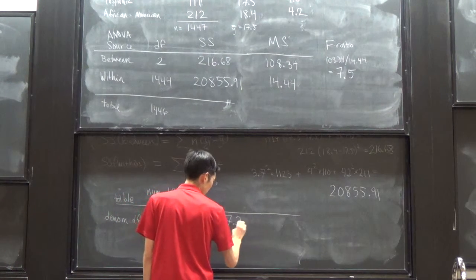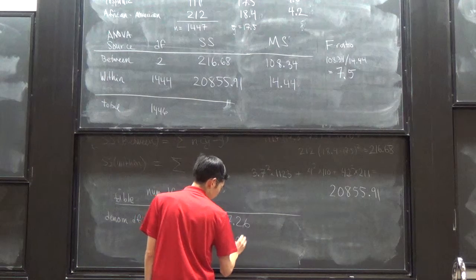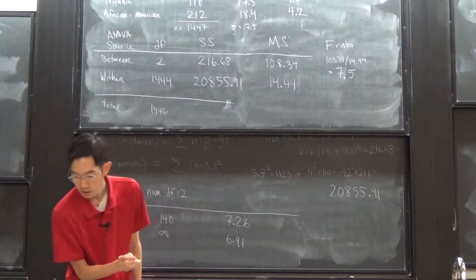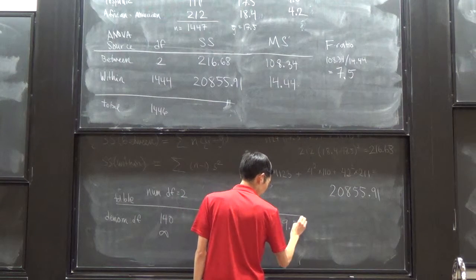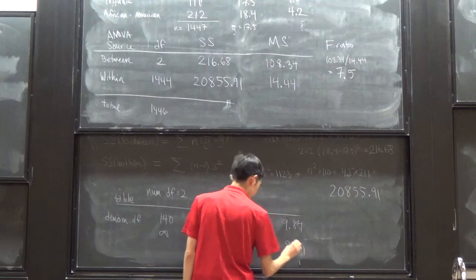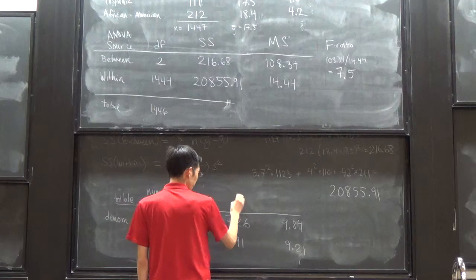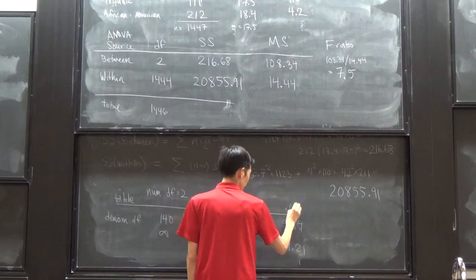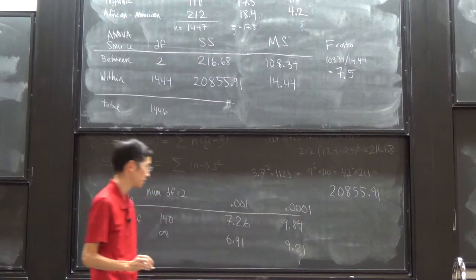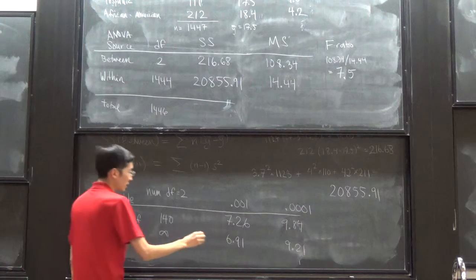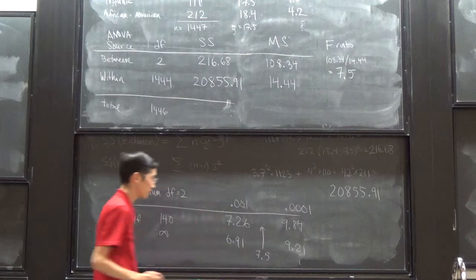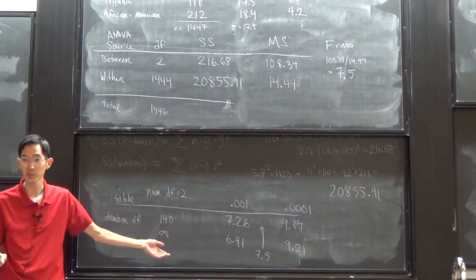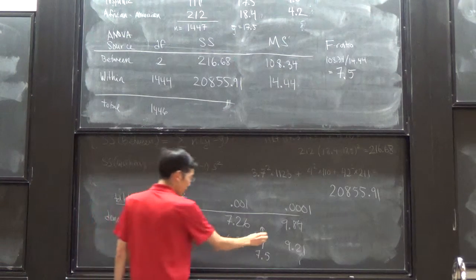we have 7.26, 6.91, and 9.84, 9.21. And this corresponds to 0.001, and that's 0.0001. Okay, and so 7.5 does indeed fit within this column, somewhere around here.